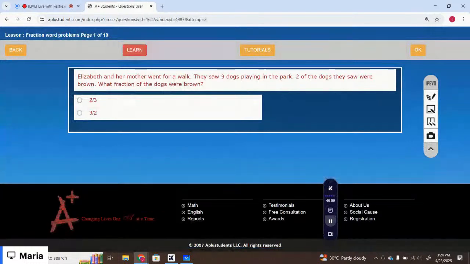Elizabeth and her mother went for a walk. They saw 3 dogs playing in the park. 2 of the dogs they saw were brown. What fraction of the dogs were brown? So which is the correct option?